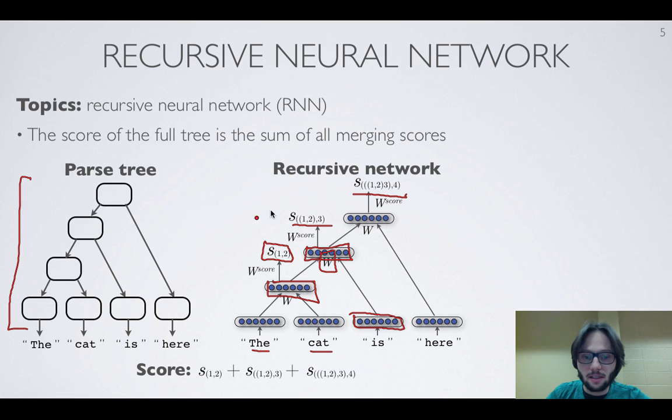And then this syntactic tree would have instead the score S12, S(12)3, and then S((12)3)4, the merge of (12)3 with 4.